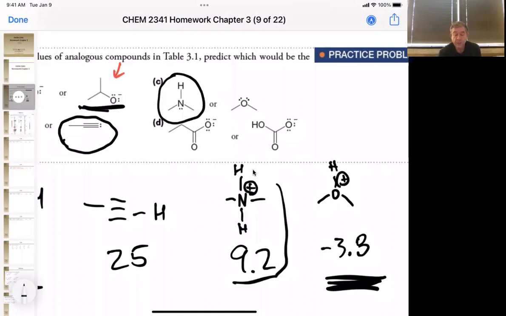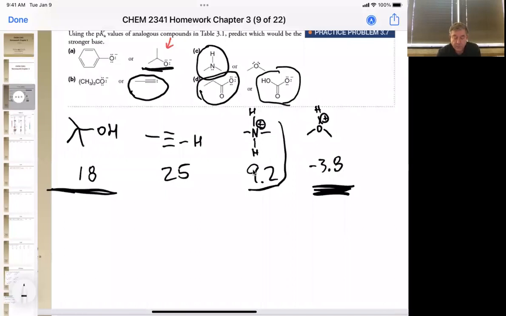Okay, so we'll do that last one again. We have acetic acid right here, a carboxylic acid. And then this is a carbonate if we put those protons back on. So we're going to draw those protons back on, OH, OH. So we're looking for that structure, and let's find out what the pKa's of those are.